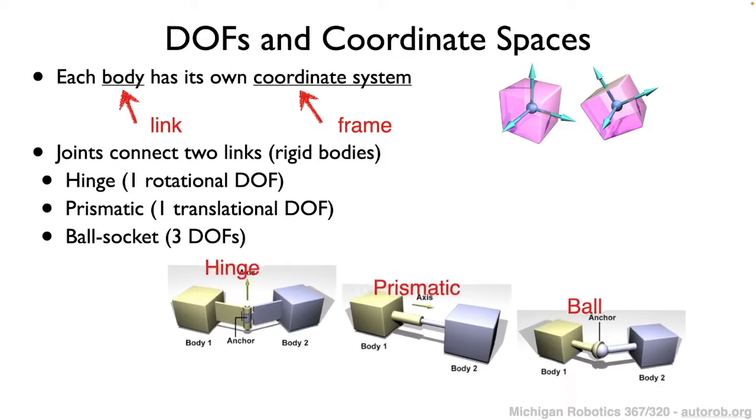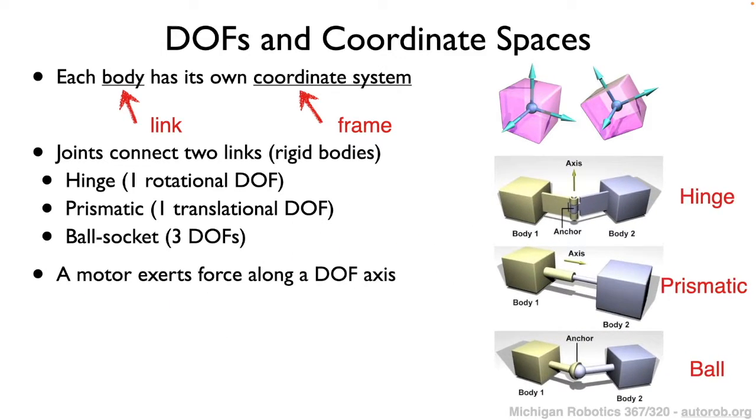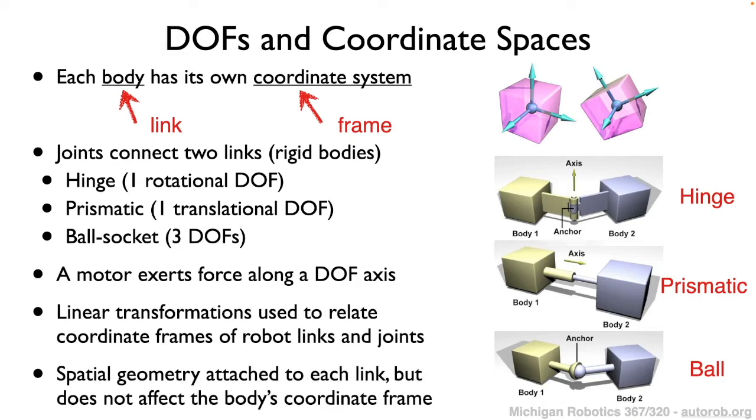Each of these different joints within a robotic structure would get actuated by a motor. Right? So the motor would apply some force along the axis of articulation, and that force is then what would cause a transformation among the rigid body links. We represent these transformations using what are called linear transformations.